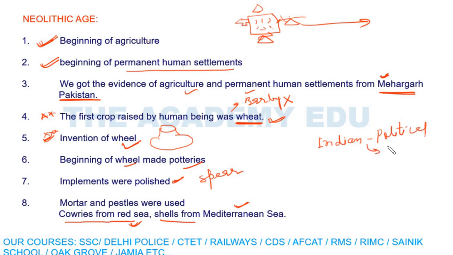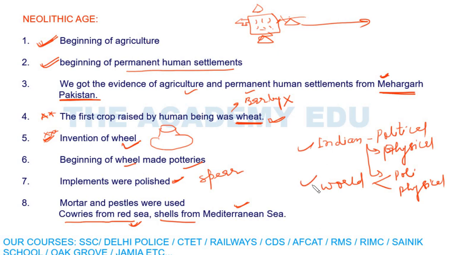We need an Indian geographical map, which is called a physical map, and we need a world political and physical map. So either purchase these maps separately, in a large size, or you can purchase an atlas, right? It will be very helpful to study these things.